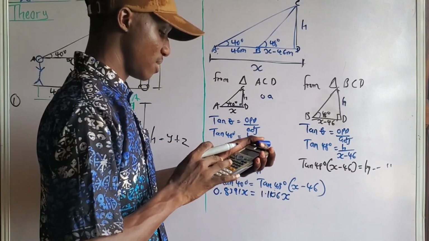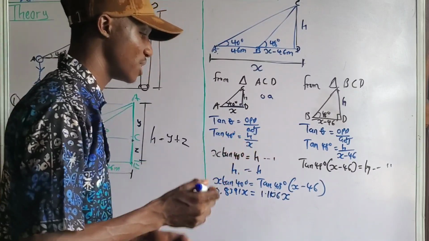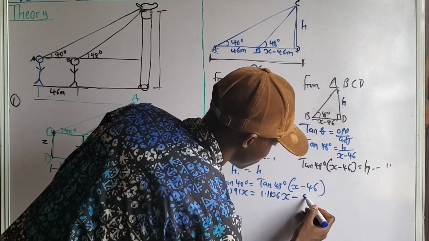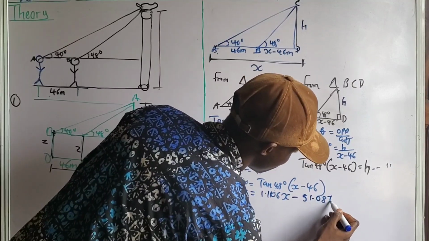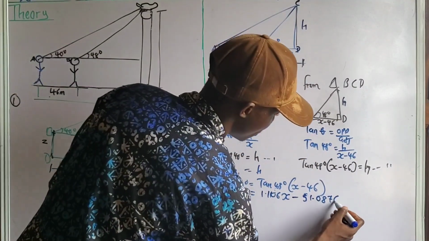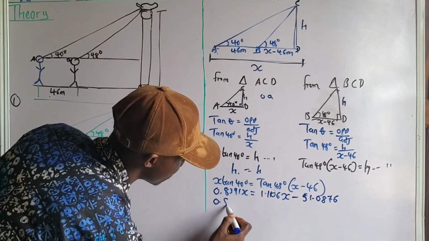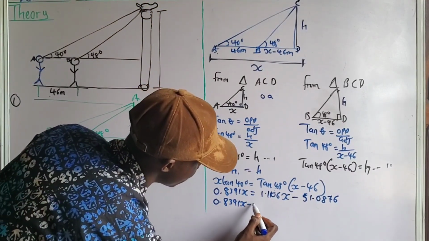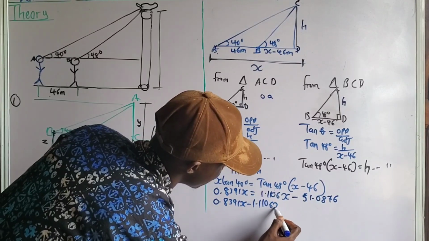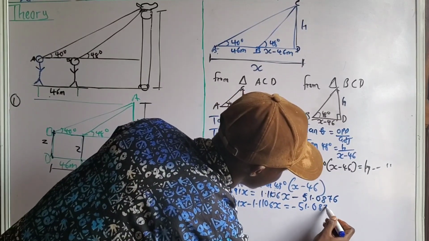1.1106 times minus 46 will give us minus 51.0876. Okay, now we can collect like terms. So I'm going to have 0.8391x minus 1.1106x equals minus 51.0876.